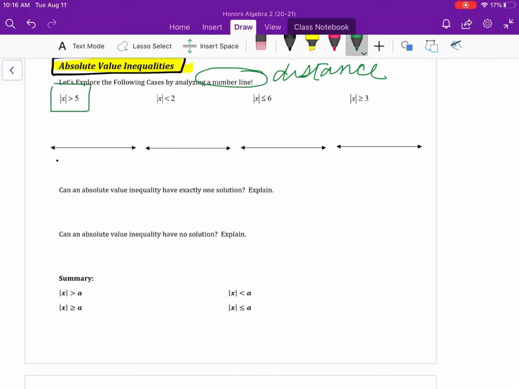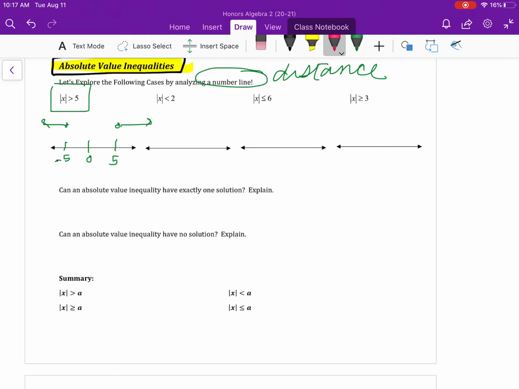Think to yourself, 5 away from 0. So what numbers are greater than 5 away from 0? Here's 0. Well, numbers that are this way, greater than 5, and numbers that are less than -5. Right? They have a distance of greater than 5 away from 0.